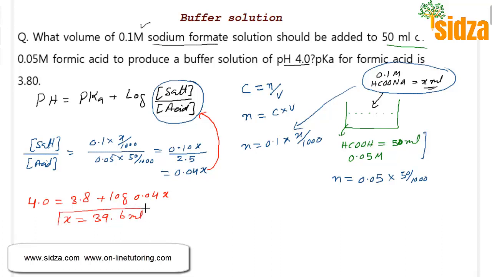Which means that you have to mix 39.6 mL of the 0.1 molar sodium formate with the 50 mL of the 0.05 molar formic acid, so that you get a buffer solution of pH 4. Right? Hope you got it.